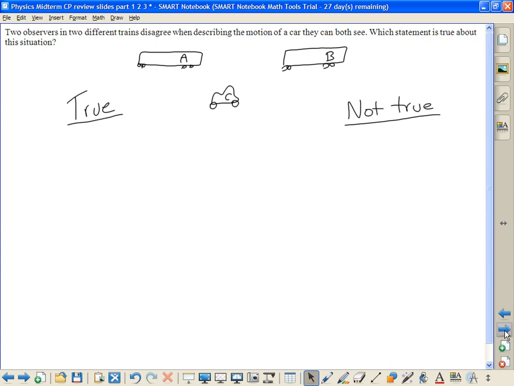What would I put up here that would be really tempting, but not true? The car's moving backward. Oh, hey, that's great. You've been paying attention to my tests. That is not necessarily true.